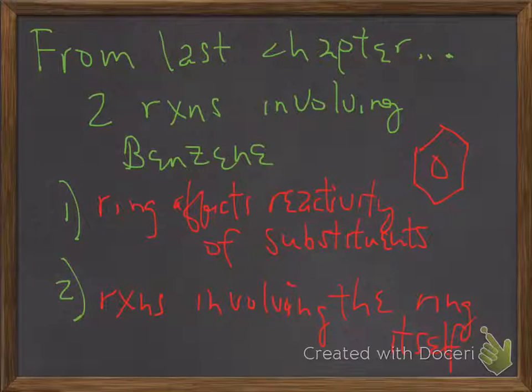So this chapter has to do with reactions that occur on the ring. One is electrophilic aromatic substitution. So we have electrophilic, aromatic, because it's the ring, substitution.